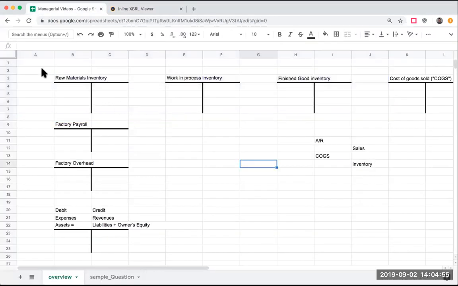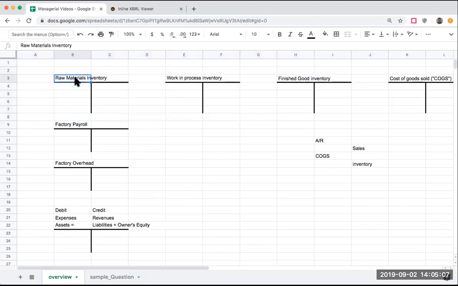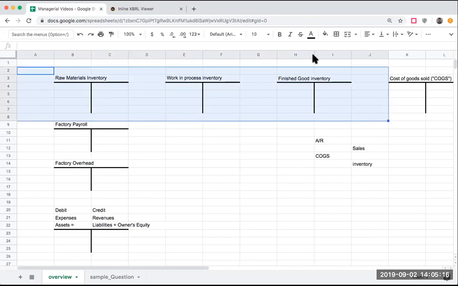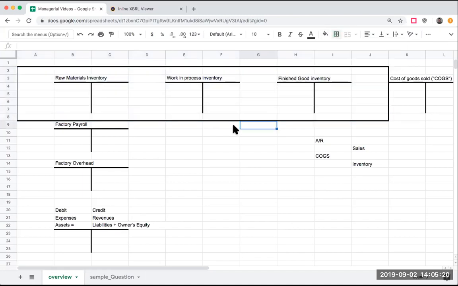For these manufacturing companies, we're going to be concerned with 3 different types of inventory accounts: raw materials, work in process, and finished goods inventory. These are ultimately what goes to our balance sheet.